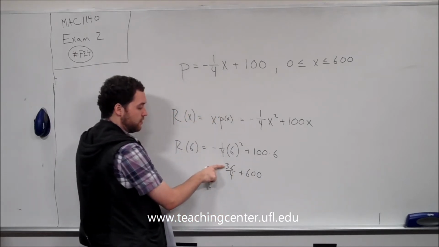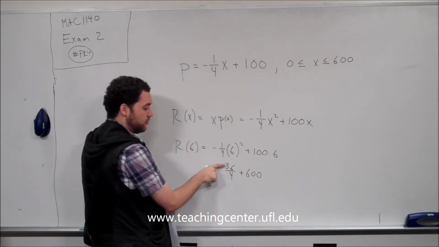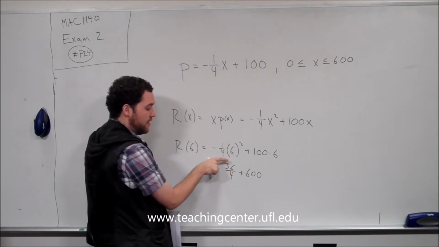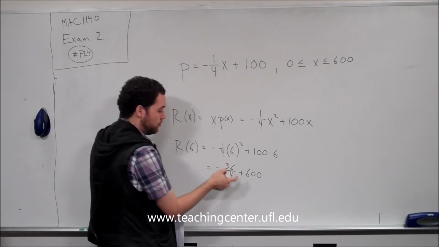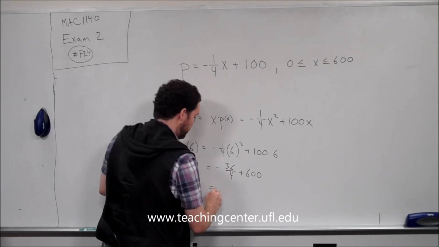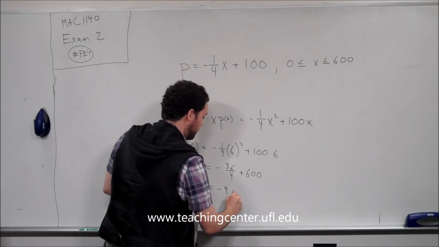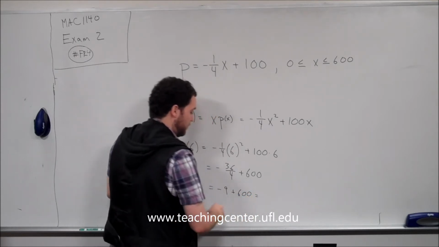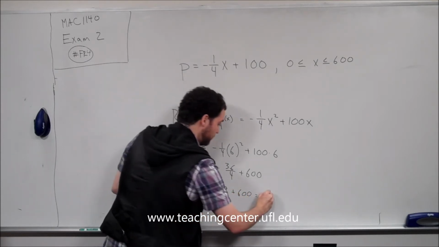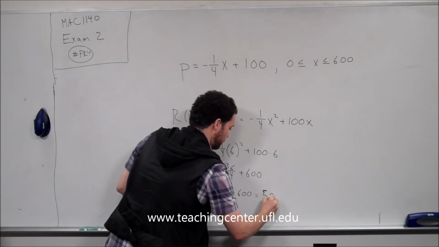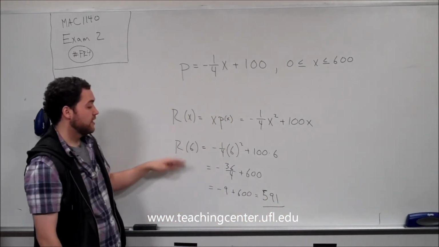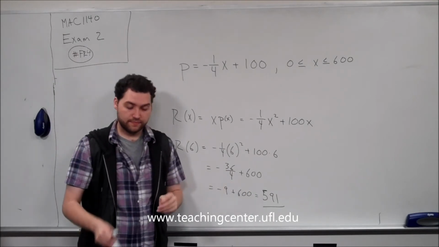Then we know that 36 divided by 4 we can simplify down to 18 over 2, and then 18 over 2 boils down to 9. So this is just going to be negative 9 plus 600. And then if you figure that out, that's just going to be 591. So that means that your revenue for selling 6 items would be $591.